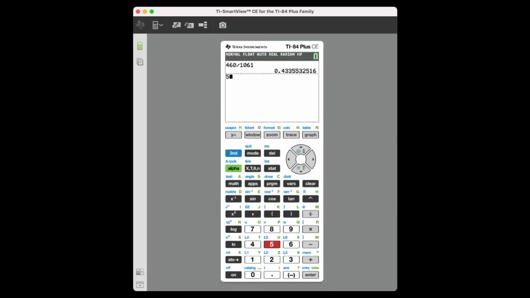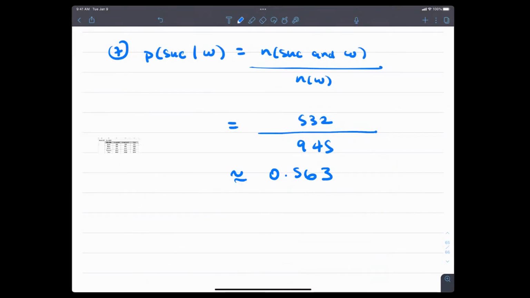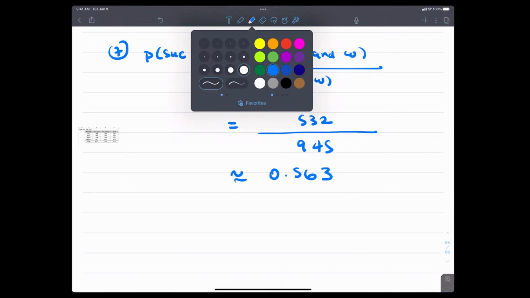If you go to the TI now, 532 divided by 945. So what is this going to be approximately? 0.563. Is that right? Now, what is that as a percent? What did you guys get as a percent?